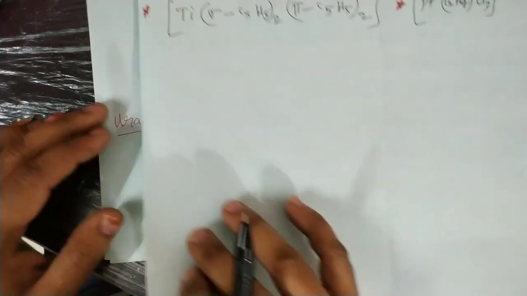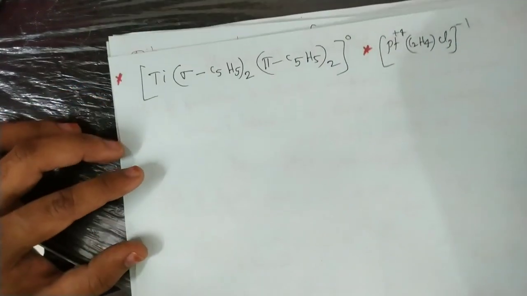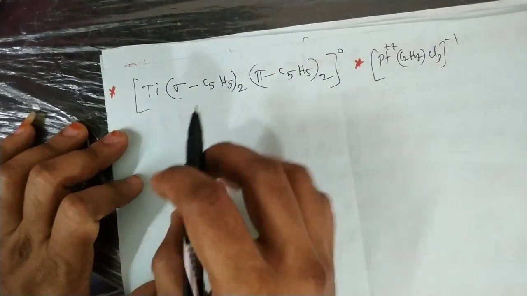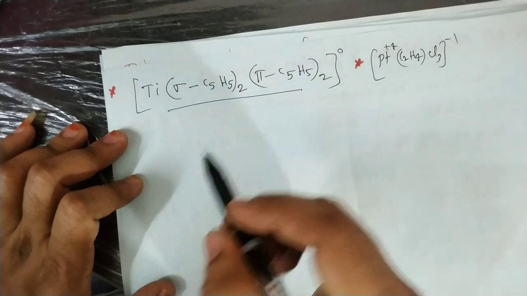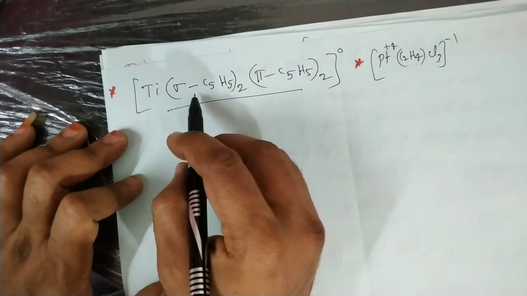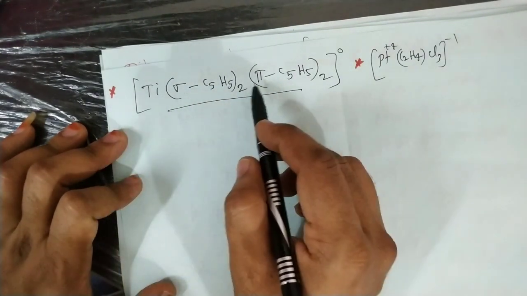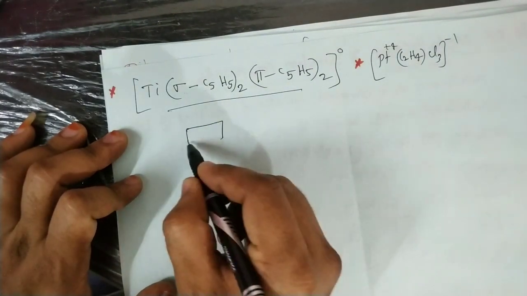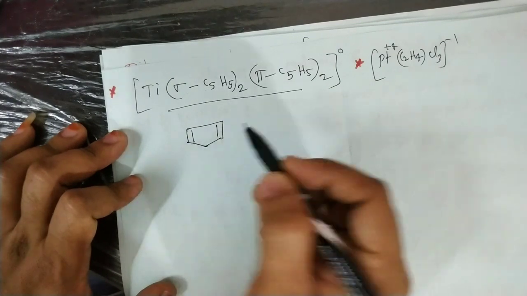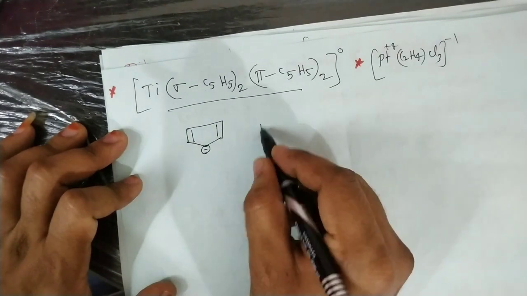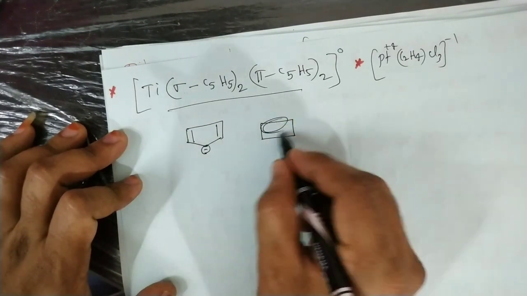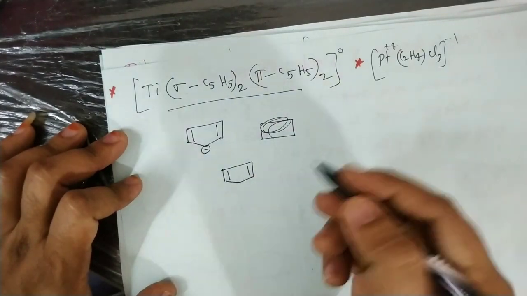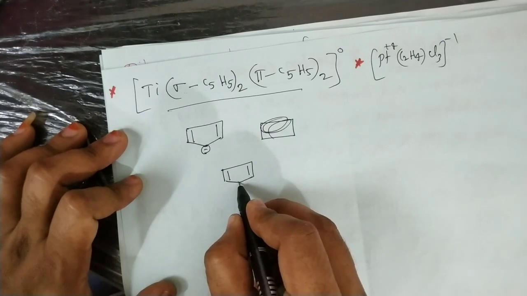Next, one more example. How to calculate the EAN, that means effective atomic number, for this compound. Here see, C5H5 sigma and pi C5H5 twice. Very interestingly, this cyclopentadienyl anion is acting with hapticity 1.